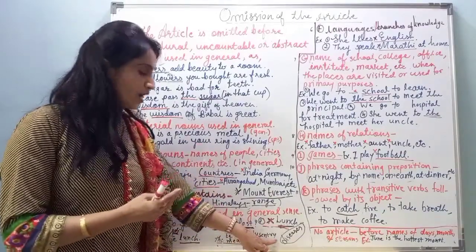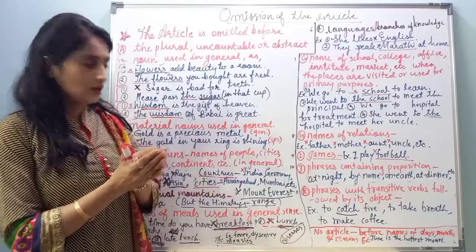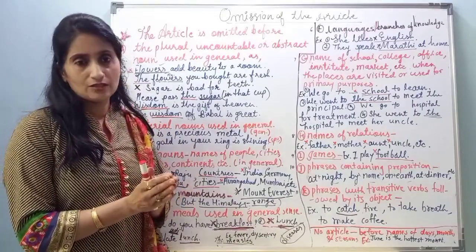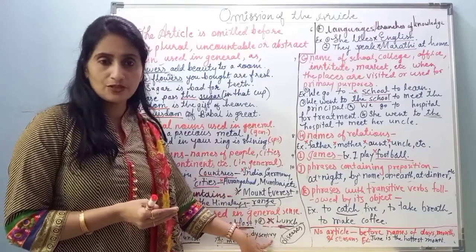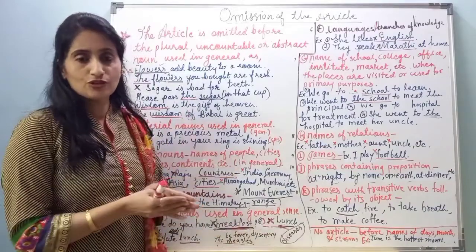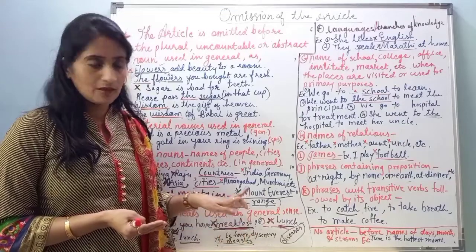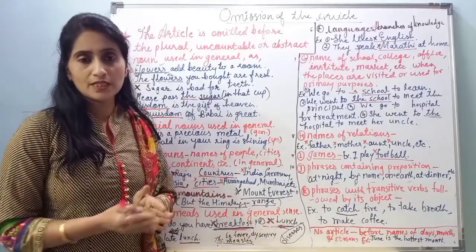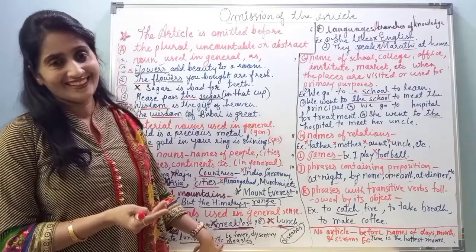When you are talking about any disease in general, don't make use of any article. For example, as I said, fever, dysentery. These are the diseases in general we talk about. And so, no article before them. But when we talk about measles, we make use of the article the.